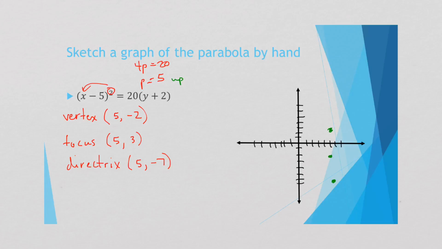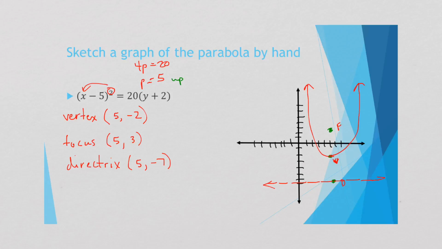So, remember, this is our directrix, our vertex, and our focus. Make sure we're labeling everybody. Directrix, in this case, is a straight line going left and right. My vertex is going to eat my focus, curve around it, and there's a sketch of my graph.